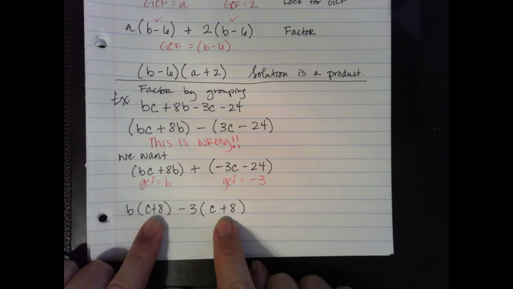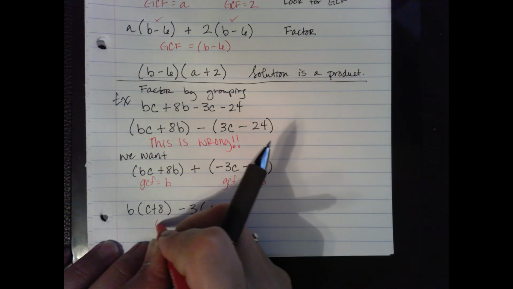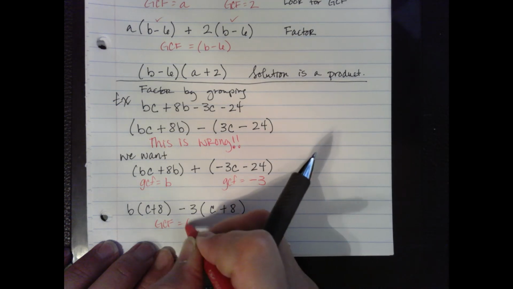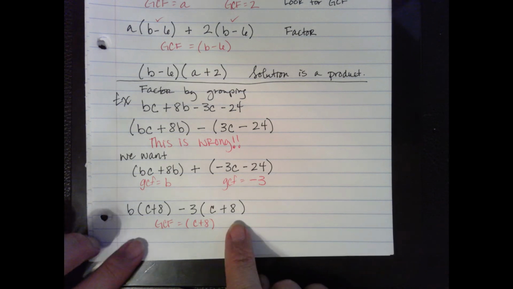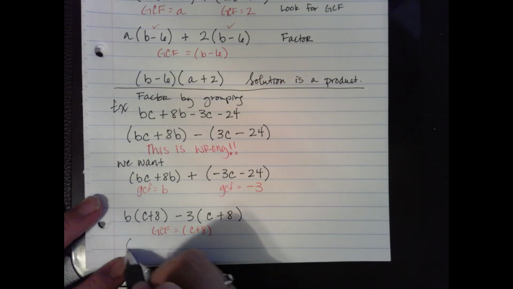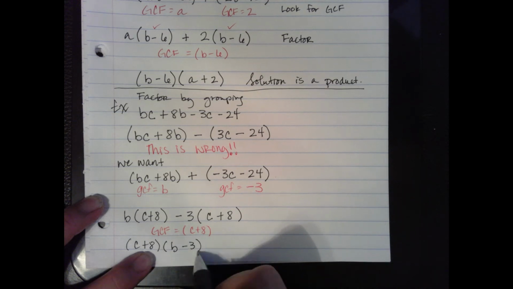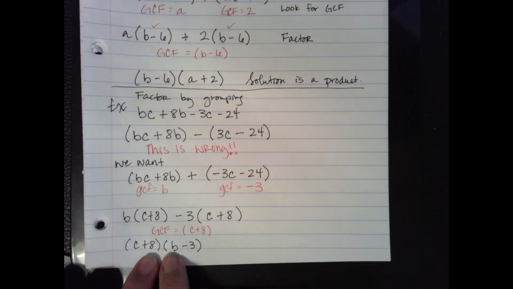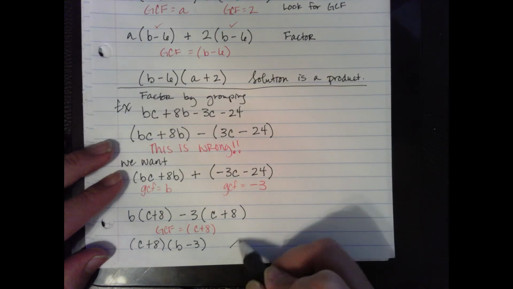What I have in my parentheses is identical, so my GCF is C plus 8. And pulling that out front, I have C plus 8 times B minus 3. I'm left with all multiplication, so I know what I did is correct. This is my solution.